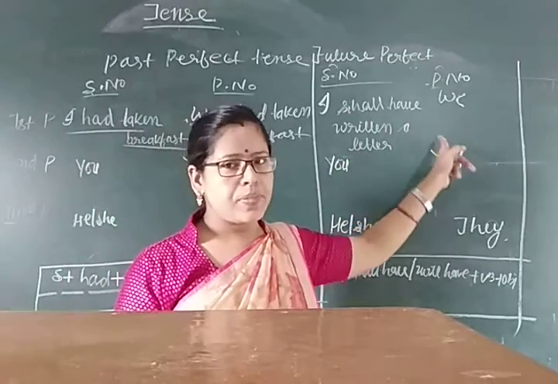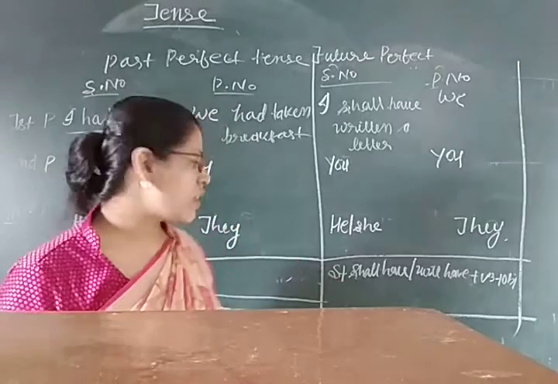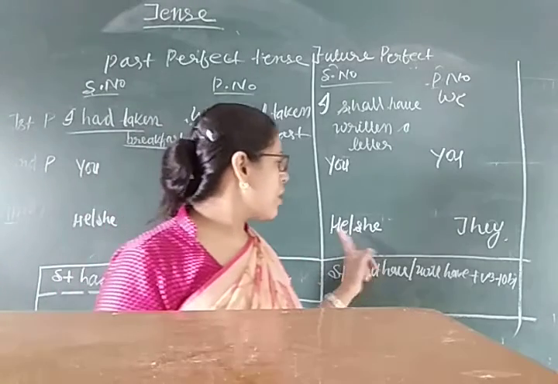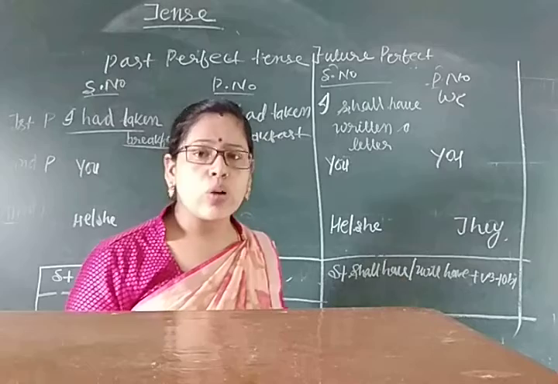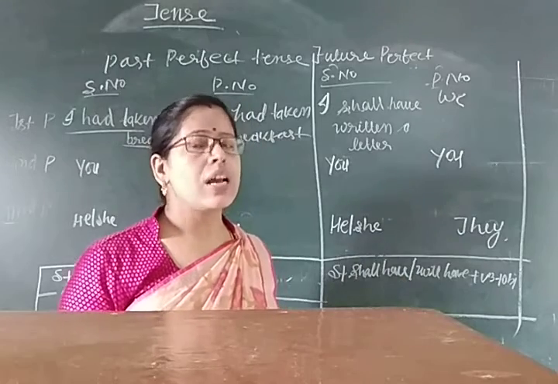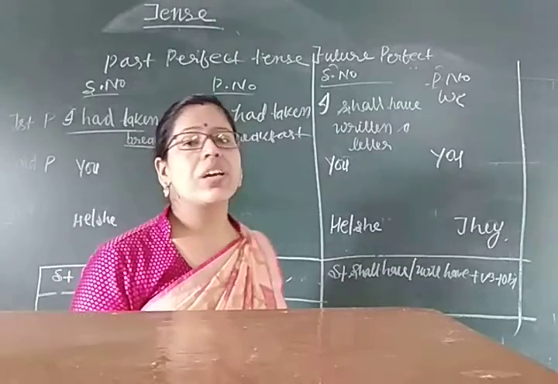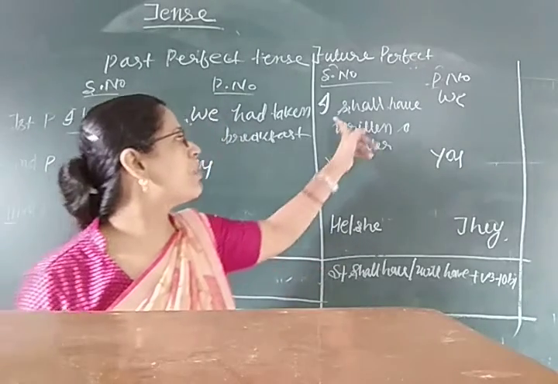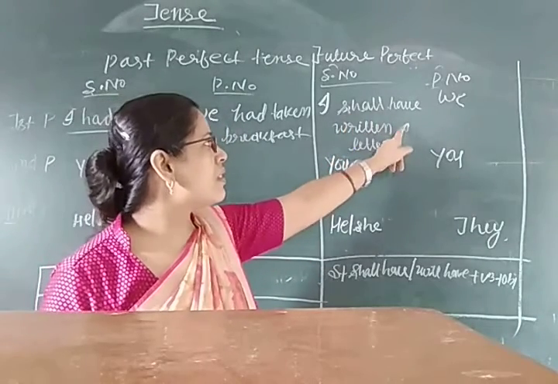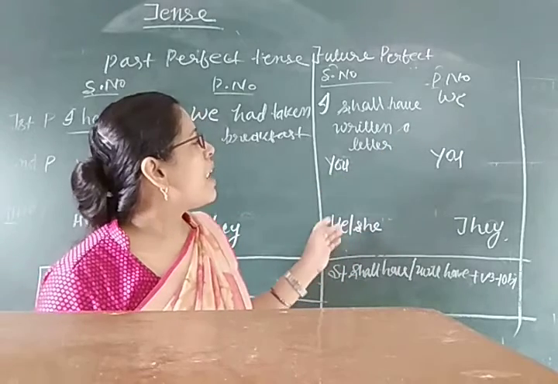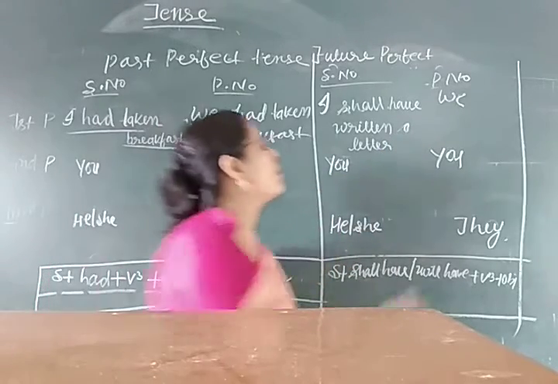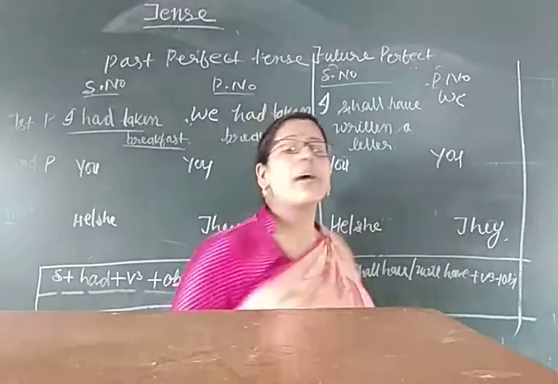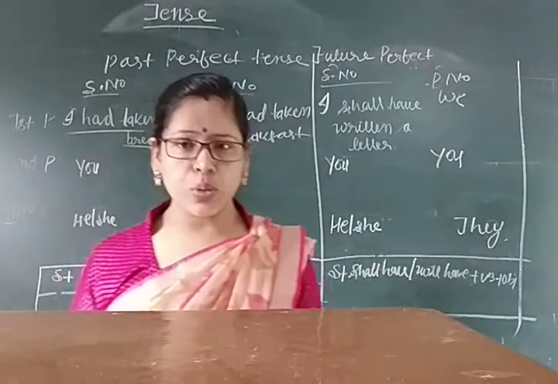Shall have. Alright, don't be confused. Along with the third person singular number, also we have to use what? The helping verb will have. Okay? So, what will be the Hindi of this sentence? I shall have written a letter. That means, मैं पत्र लिख चुकी रहूंगी.